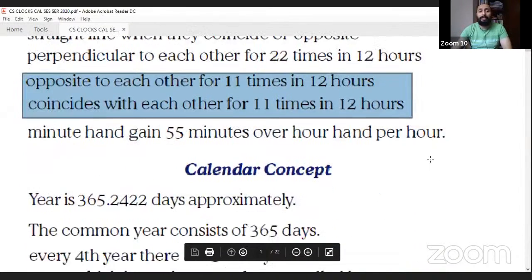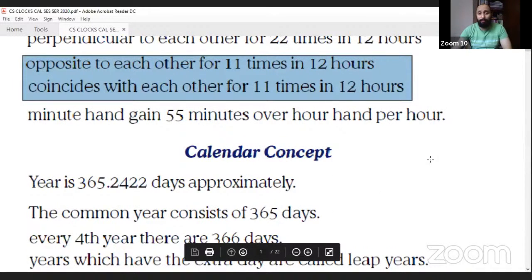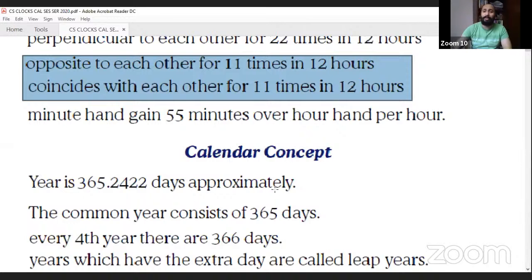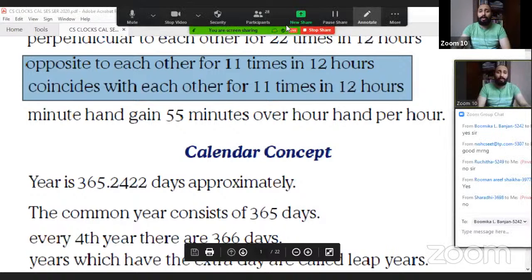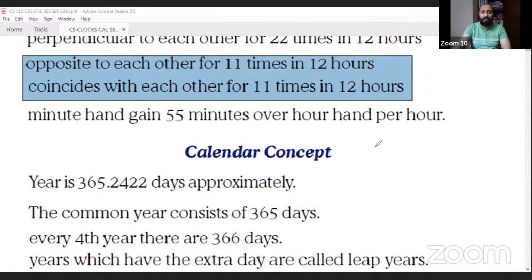So the minute hand gains 55 minutes over the hour hand per hour. So that means, are you getting it? Every time the clock makes one full circle, the minute hand has moved 360 degrees.